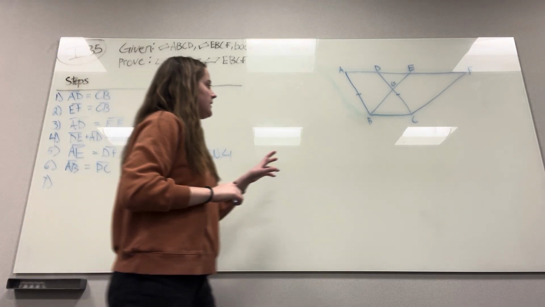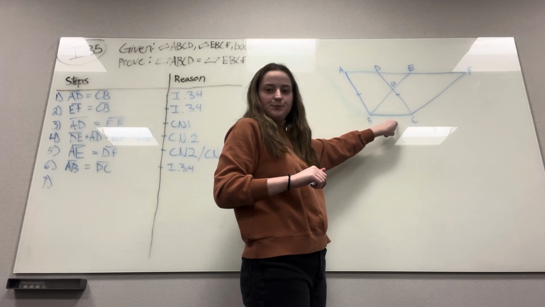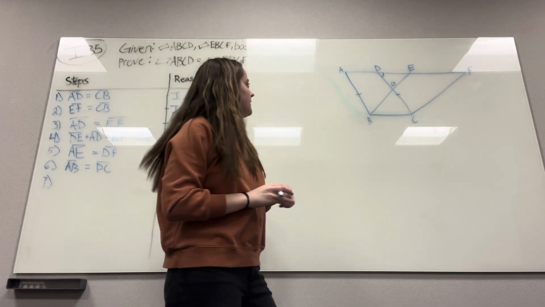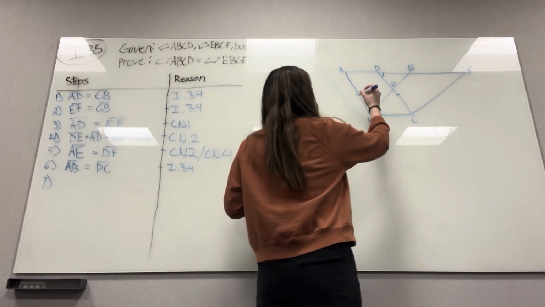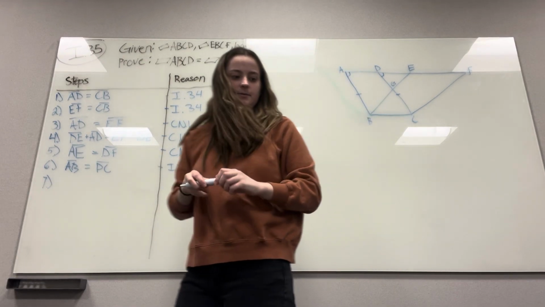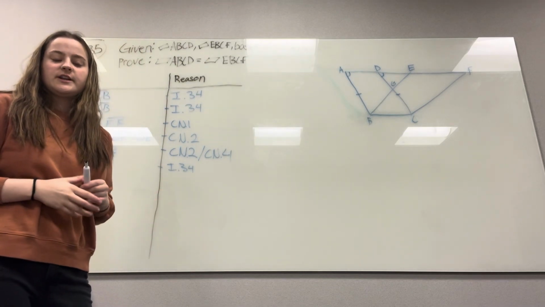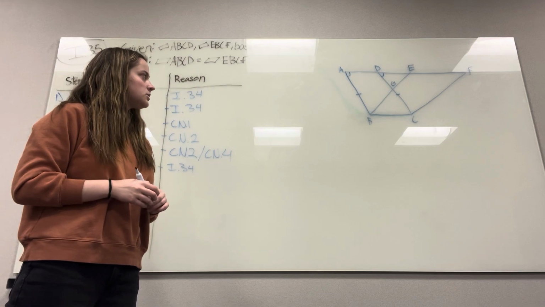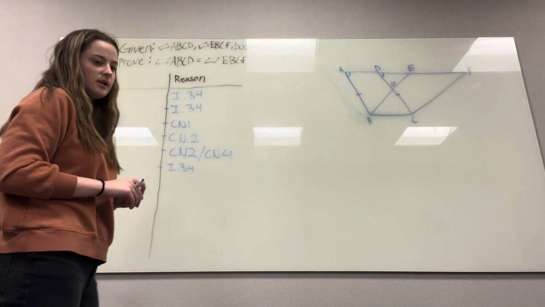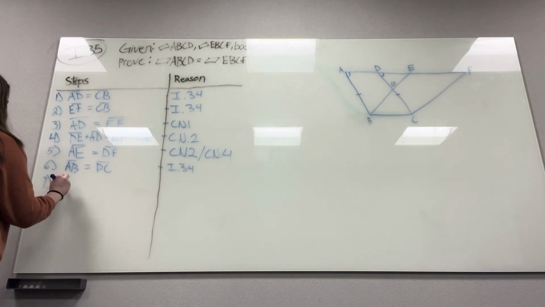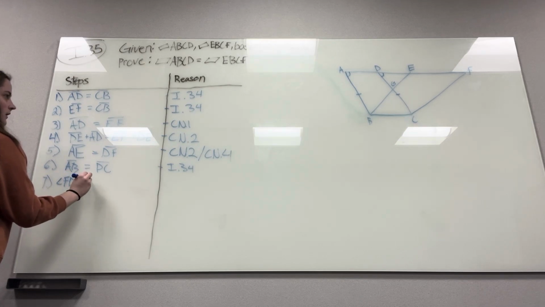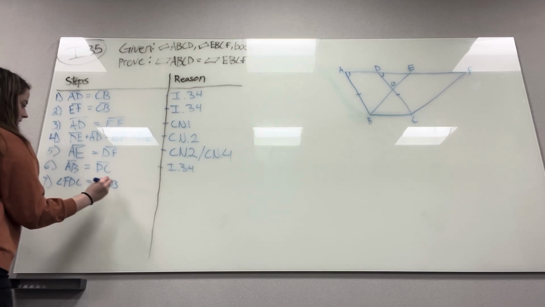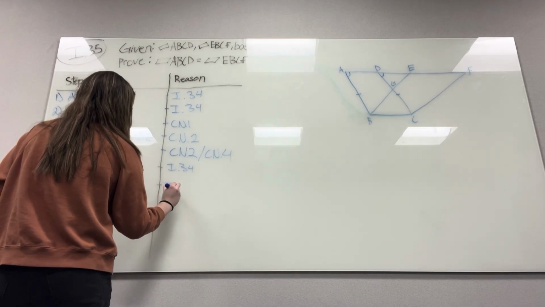So we're going to say FDC. So this angle here is equal to EAB, this angle here. And that is because of Proposition 29, which says the sum of interior angles will equal a right angle when added together. And so FDC equals EAB.